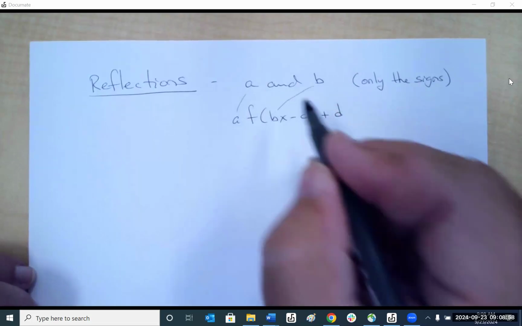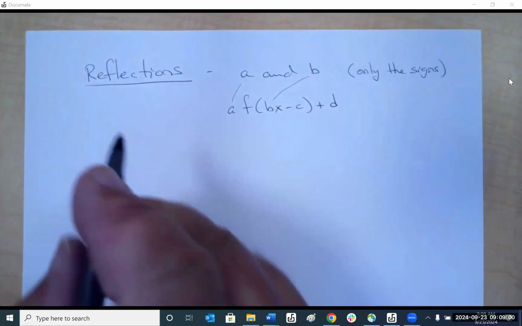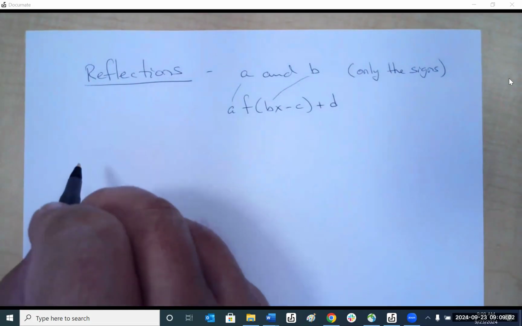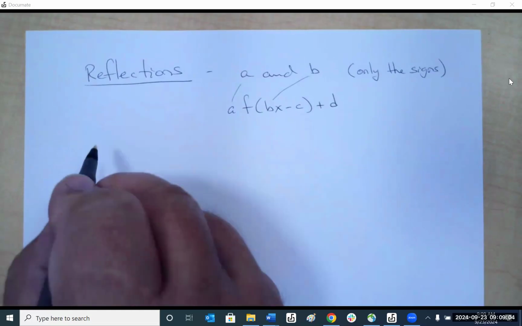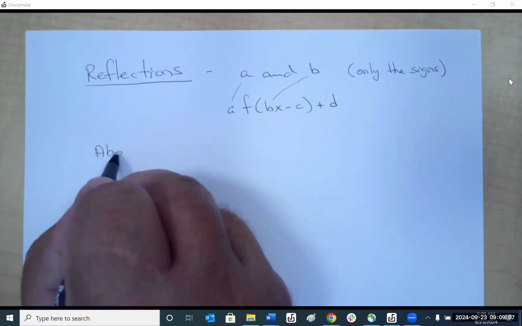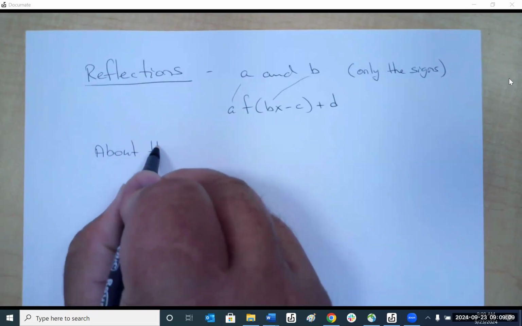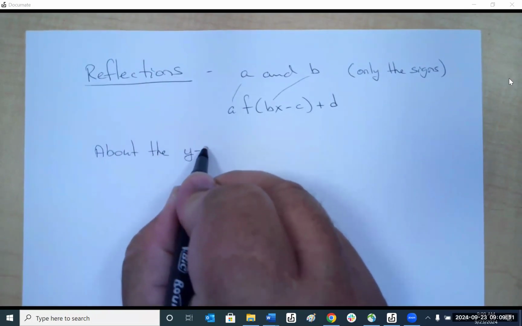Reflection. We have two types of reflections. About the y-axis.